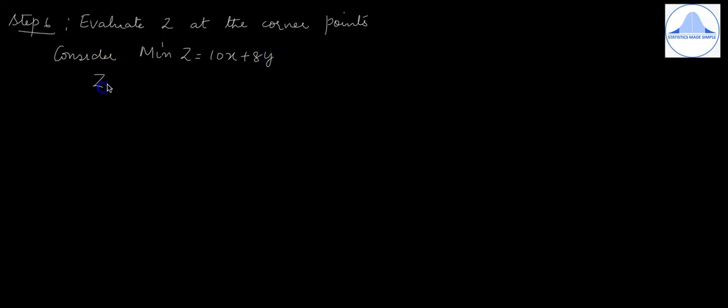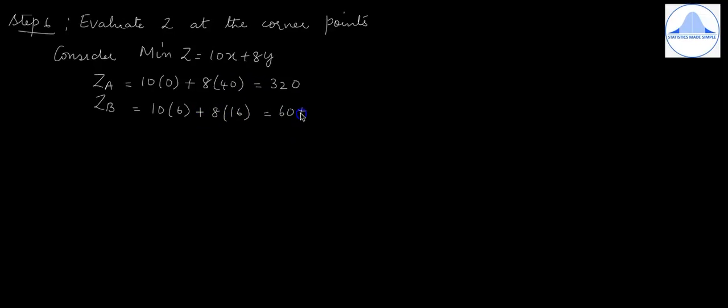So next you find out ZA. So ZA will be 10 into 0 plus 8 into 40. This will be equal to 320. Similarly, find out ZB. So ZB is 10 into 6 plus 8 into 16.